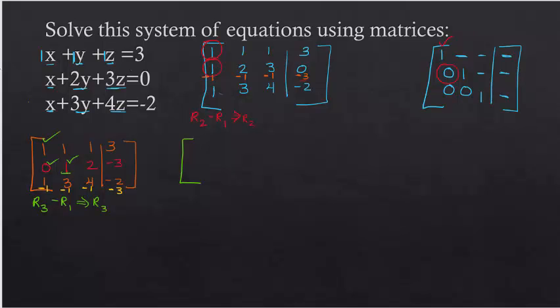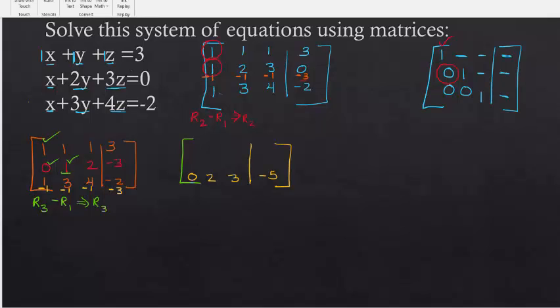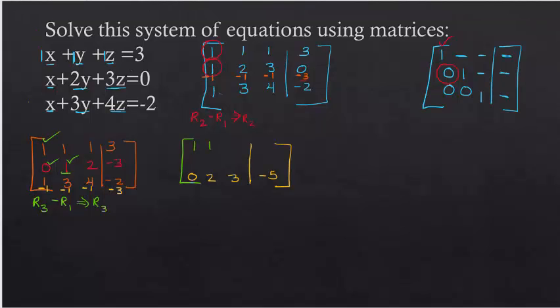So our bottom row now is going to be 1 plus -1 is 0, 3 plus -1 is 2, 4 plus -1 is 3, and -2 plus -3 is -5. And our other two rows did not change. So this is still 1, 1, 1, 3, and 0, 1, 2, and -3.